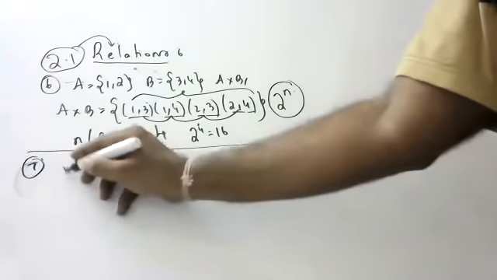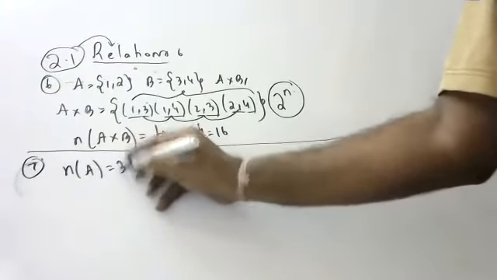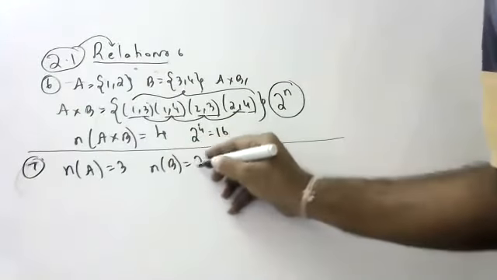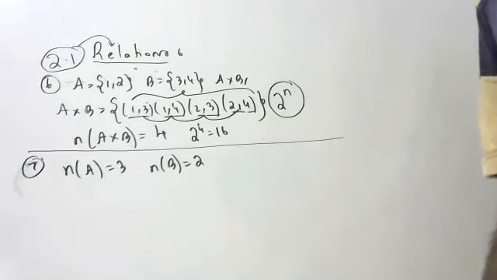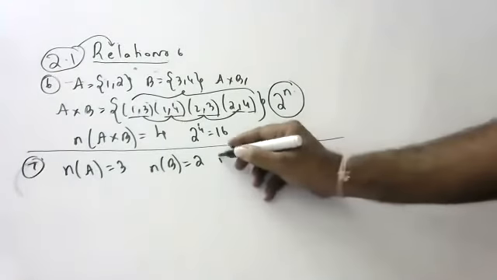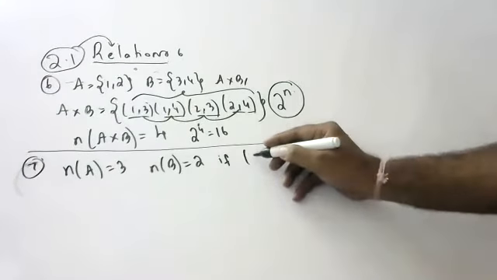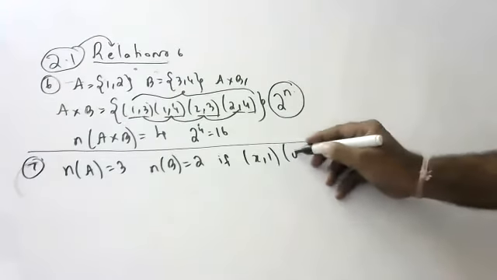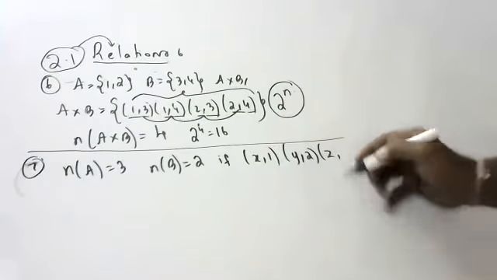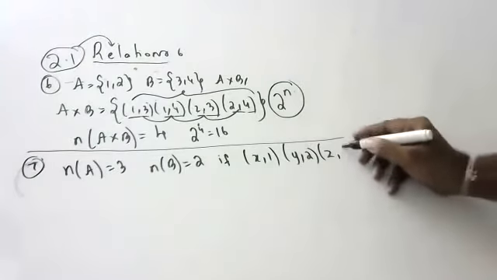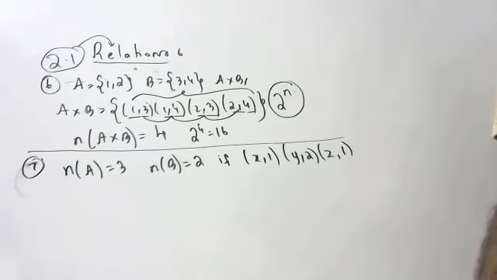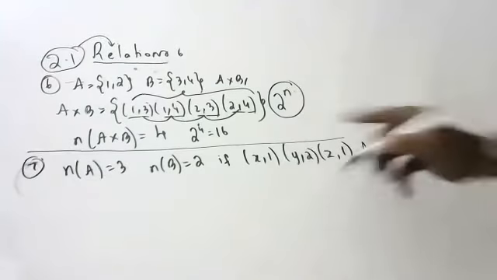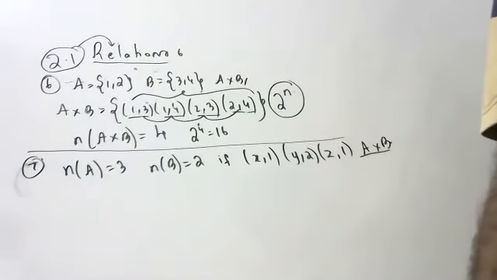He is saying the number of elements present in A is equal to 3, and the number of elements present in B is equal to 2. 2 elements are present. And he is saying that (x comma 1), (y comma 2), (z comma 1) are in A cross B. They are saying A cross B has all these elements.